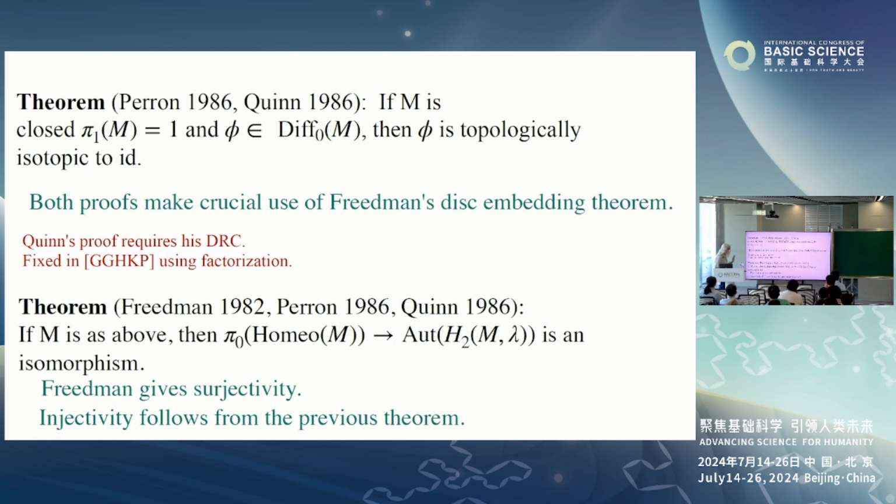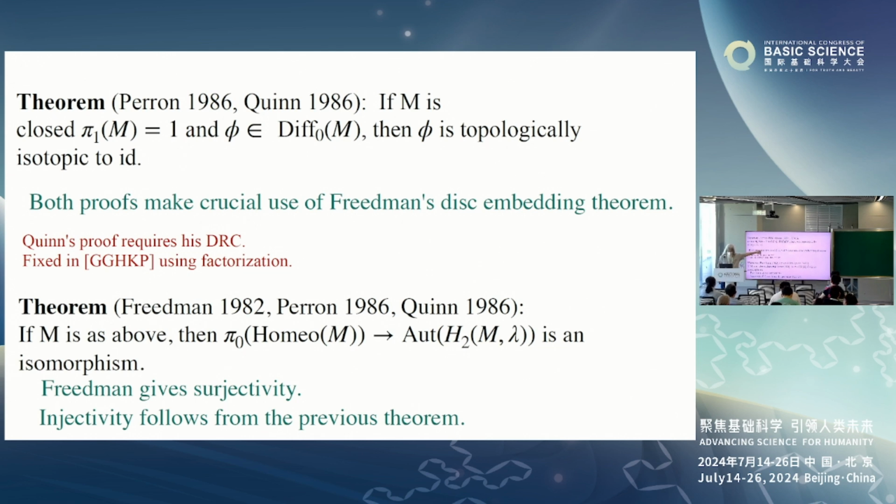foundational basic theorem that Quinn proved in 1986 using pseudo-isotopy theory. And the theorem is, if you have a diffeomorphism, homotopically trivial, on a manifold that's simply connected, then if it's homotopic to the identity, it's topologically isotopic to the identity.